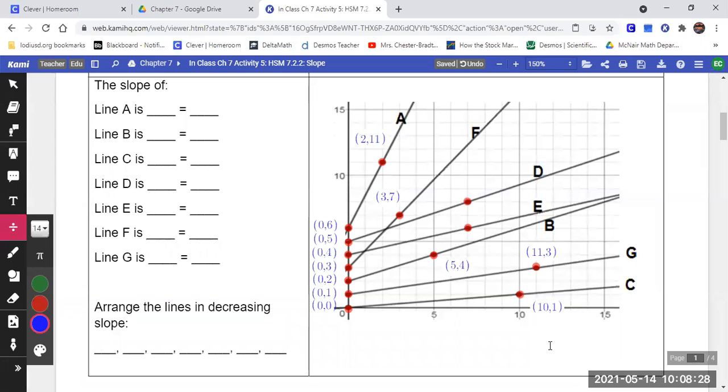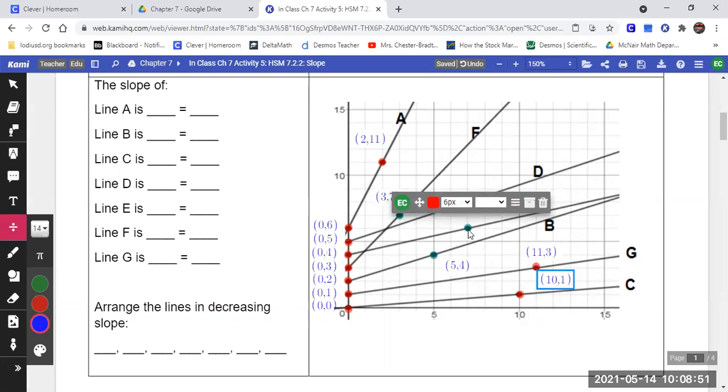I don't see D and I don't see E. Which ones are those? E is at, is it E at 7.4 or 7.6? Let me see.